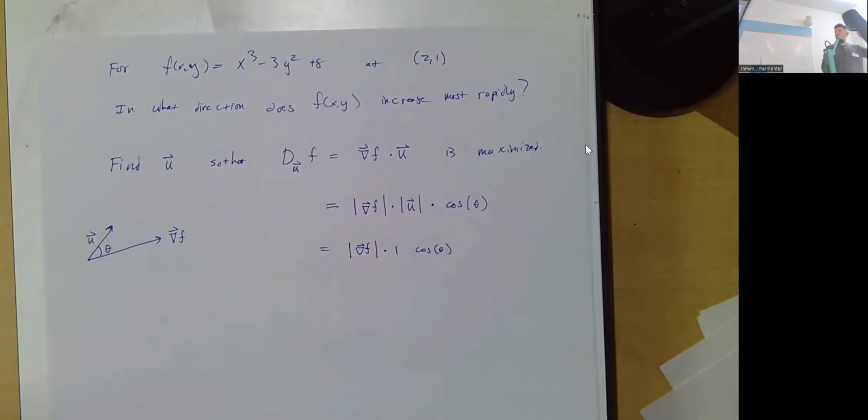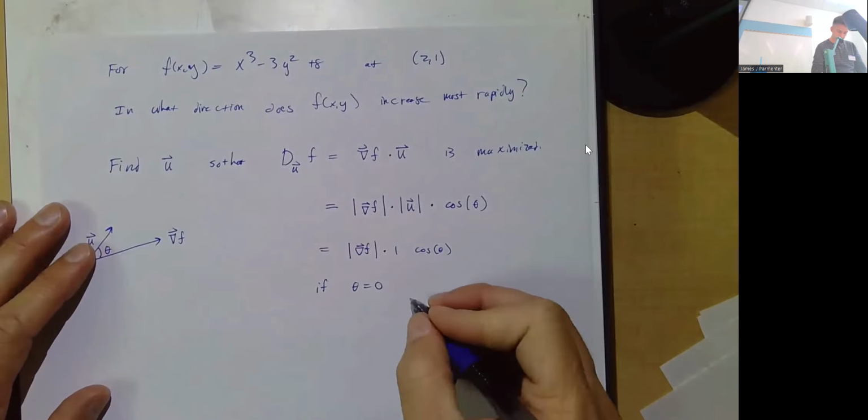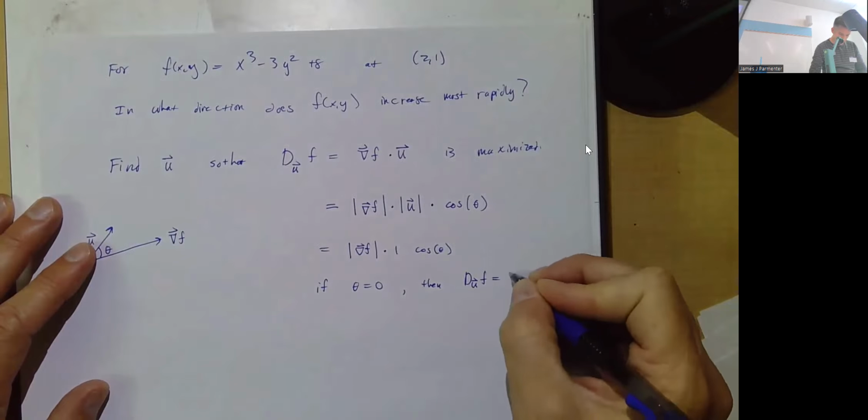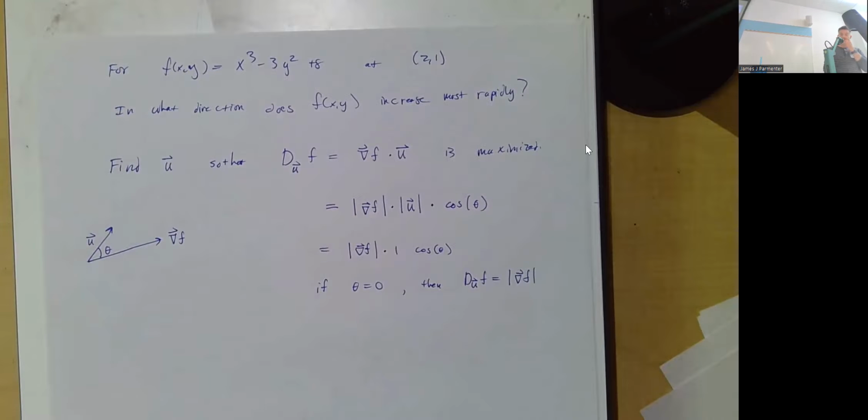If I want to make cosine as big as possible, what angle do I take cosine of? 0. So if the angle is 0, then the directional derivative is going to be the magnitude of the gradient times 1 times 1, and that's as large as it can be. If the angle between two vectors is 0, that means they point in the same direction.